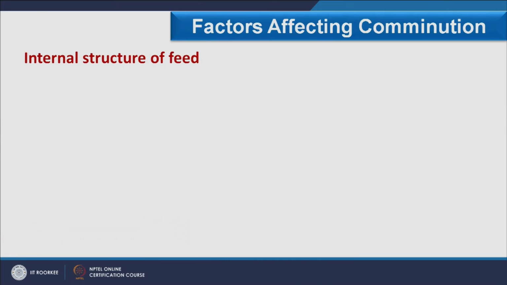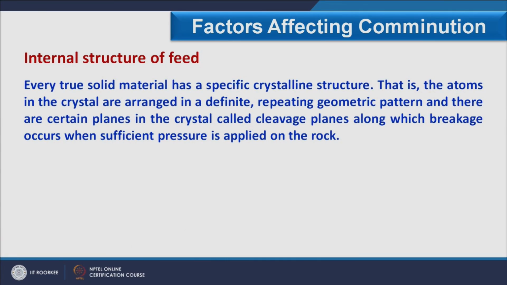Another factor is the internal structure of the feed. Now, what happens in this? Every true solid material has a specific crystalline structure, that is, the atoms inside the crystal are arranged in a definite repeating geometric pattern, and there are certain planes in the crystal that we call cleavage planes, along which breakage occurs when sufficient pressure is applied on the rock.